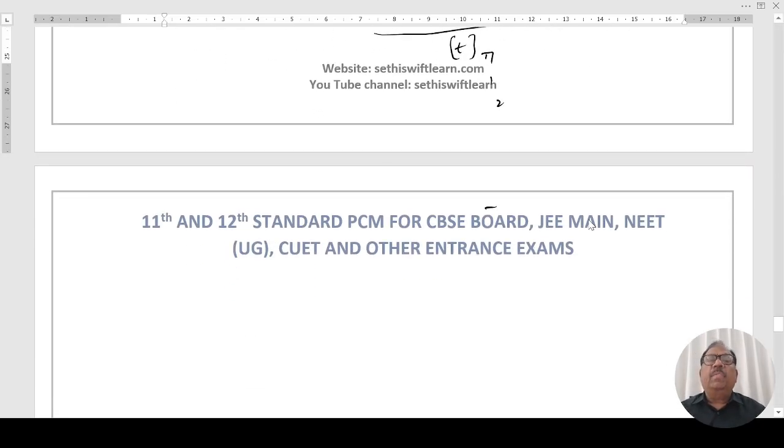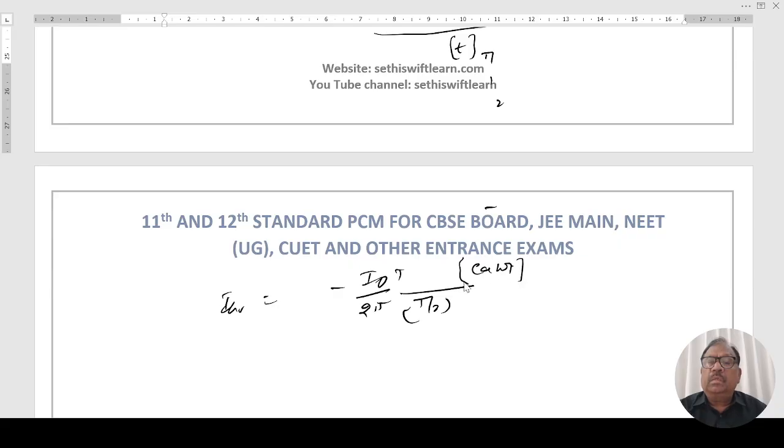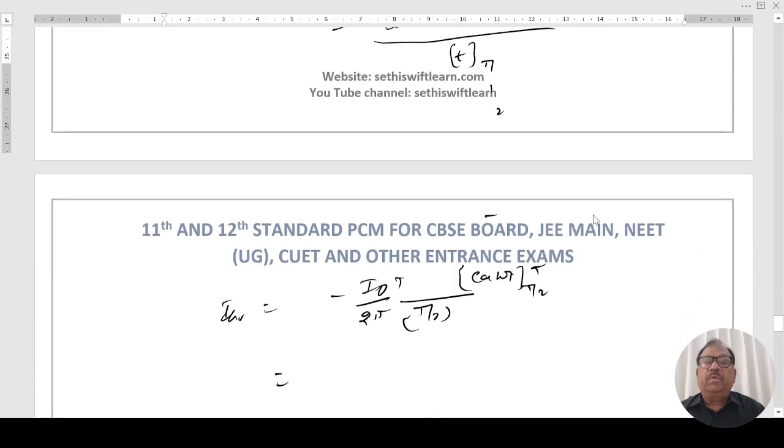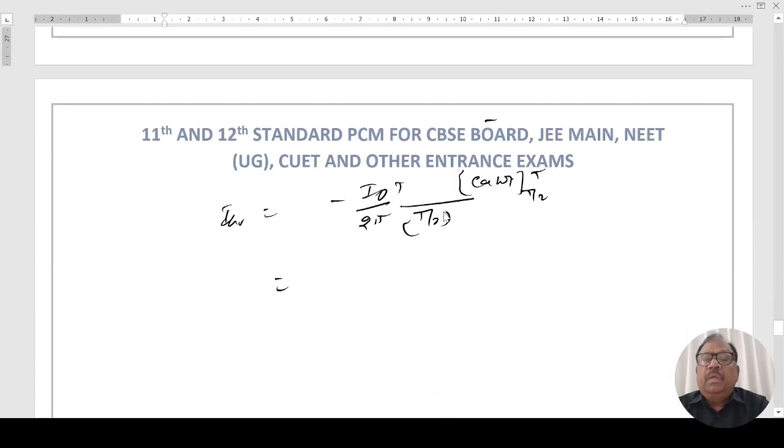On simplification, I average comes out to be minus I naught over 2 pi by T, and the denominator will be T by 2, into cos of omega t from T by 2 to T. On simplification, this comes out to be T minus T by 2, that is T by 2. This goes minus I naught upon pi.